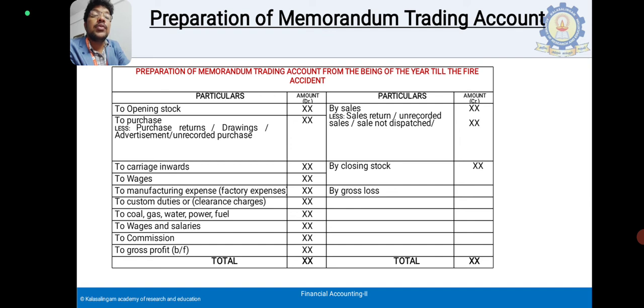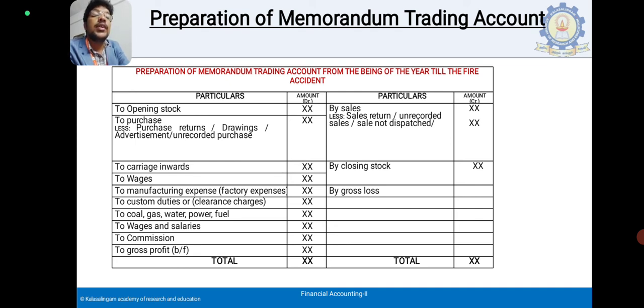Next, you need to consider some direct expenses like carriage inward, wages, manufacturing expenses, which means factory expenses, and some factory lighting, factory fuel, factory water, and any other direct expenses you need to consider on the debit side of trading account.